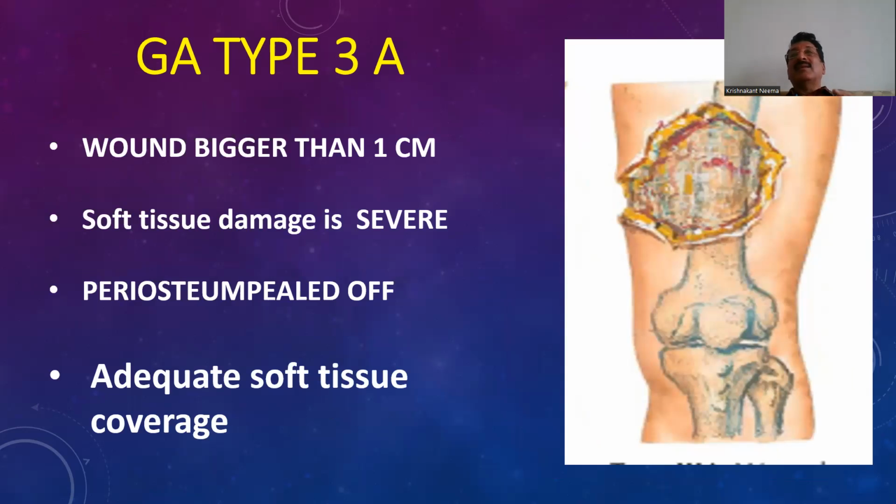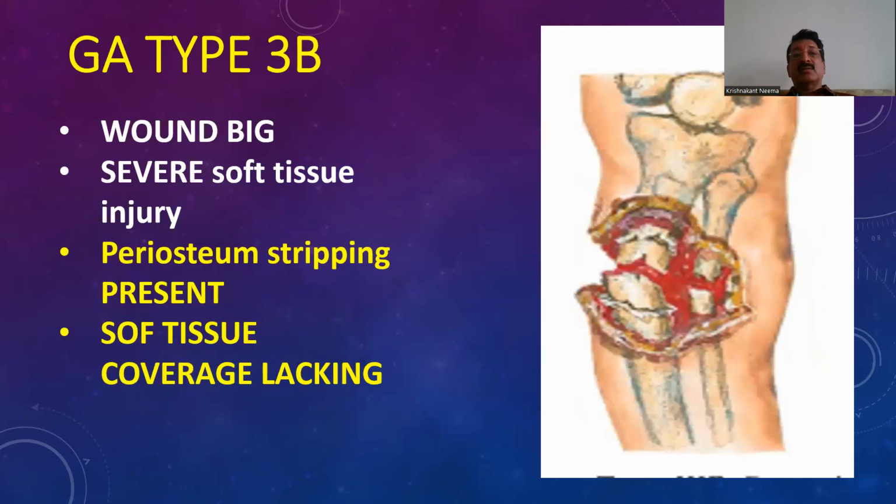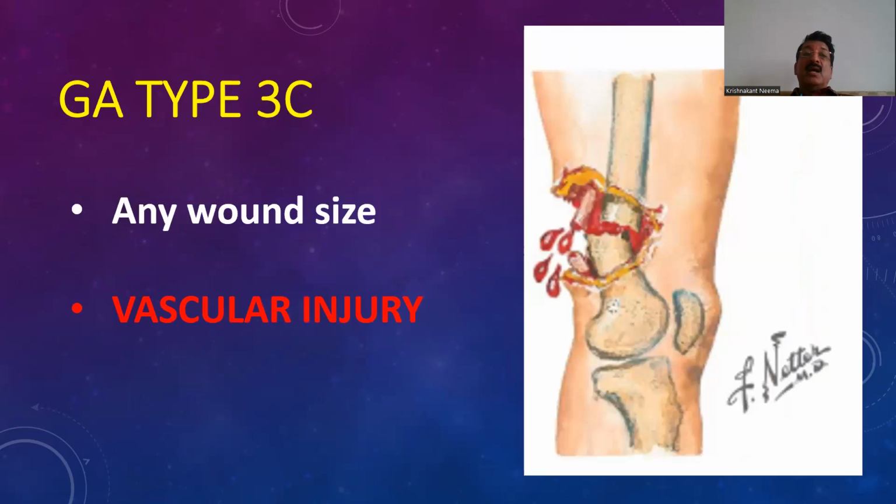But in A, there is adequate soft tissue coverage. In 3B, there is not adequate soft tissue coverage, rest being the same. And in type C, there is a vascular injury. Whatever the size of the wound, even if there is a puncture wound, if any major artery is injured, it is type 3C.